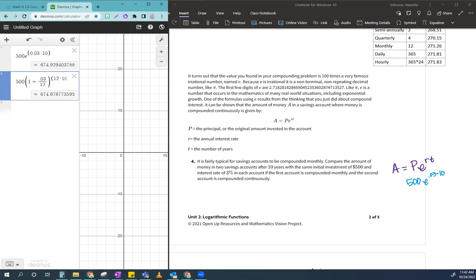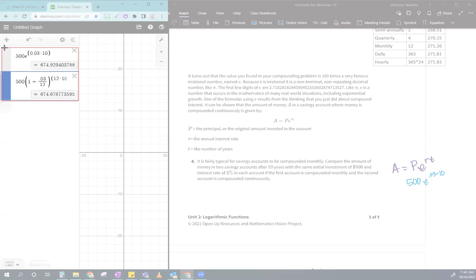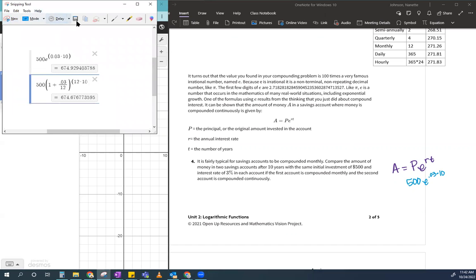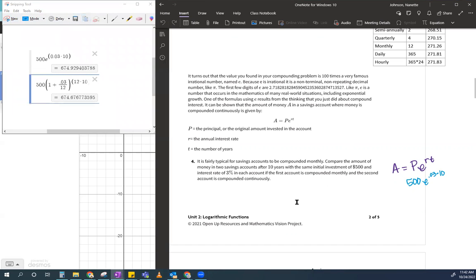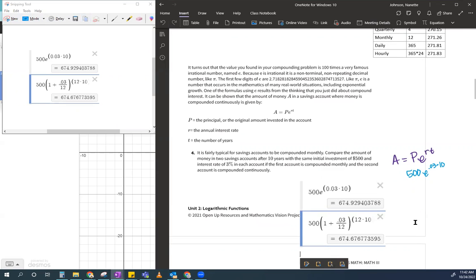This is what they wanted you to compare: compounded continuously and compounded monthly, and see what you got. And you guys are like, oh, Ms. Johnson, it's not even 30 cents. And exactly, it's not that big of a deal, for several reasons. But do you know when to use this one, and when to use this one?